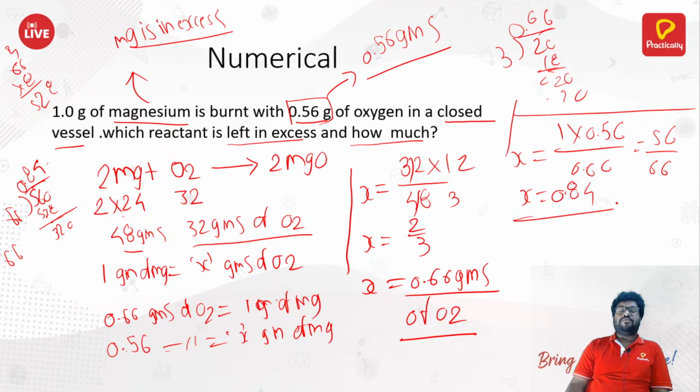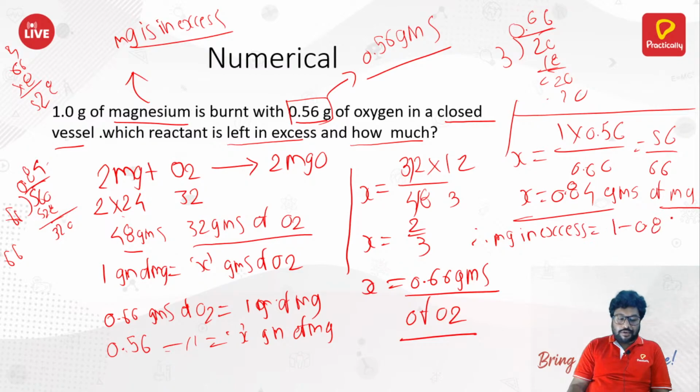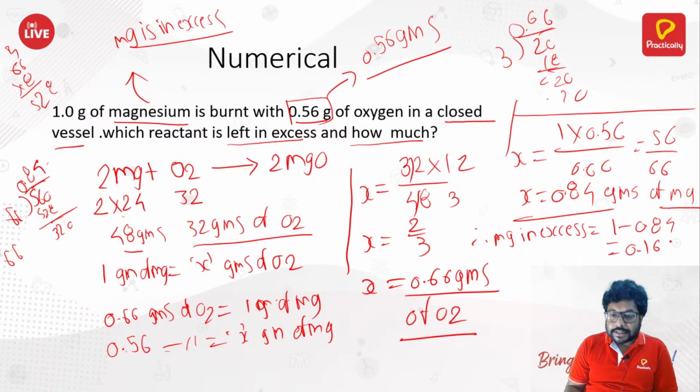So basically 0.56 grams of oxygen needs 0.84 grams of magnesium to react. But how much magnesium do we have? 1 gram, and therefore magnesium in excess is equal to 1 minus 0.84, that will be equal to 0.16 grams.